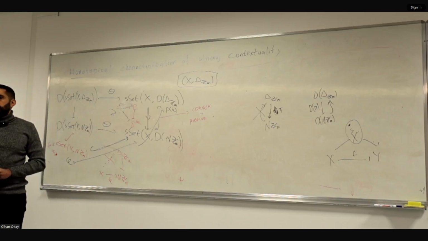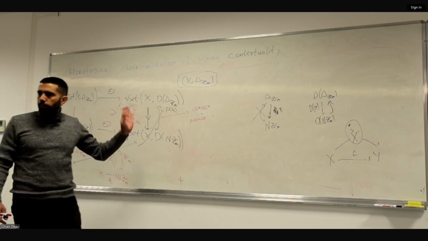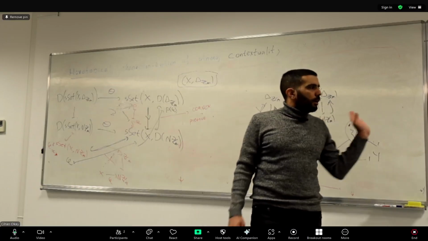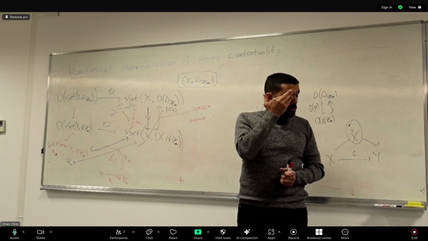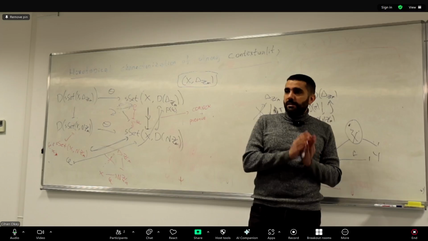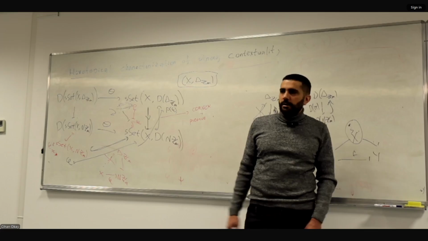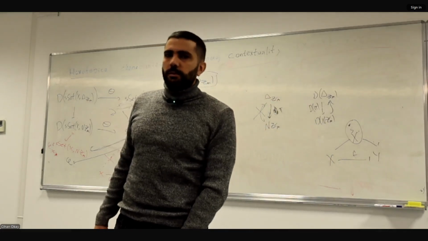Of course, one can ask about the opposite direction: is every strongly contextual one coming from something like this, related to some map that is not null homotopic? We will talk about this next week.